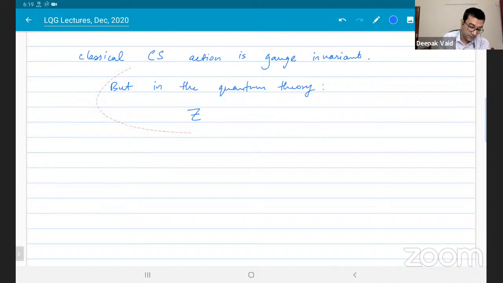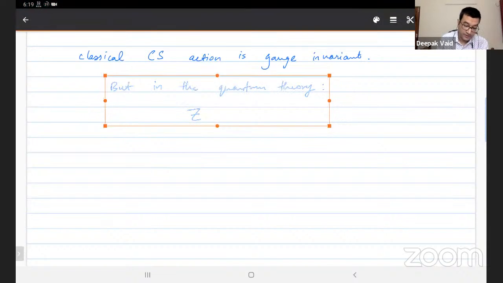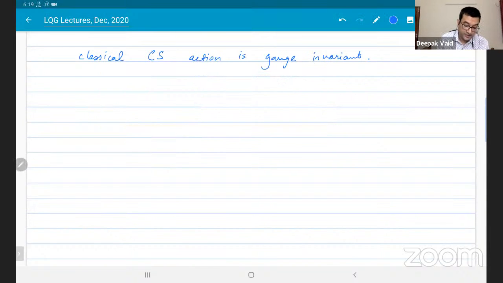Right. So, okay. No, not only in the quantum theory. So this is gauge invariant with respect to this thing, small gauge transformation. Yes, so Devmalya, that's exactly what I'm going to talk about, right? Small gauge transformations.